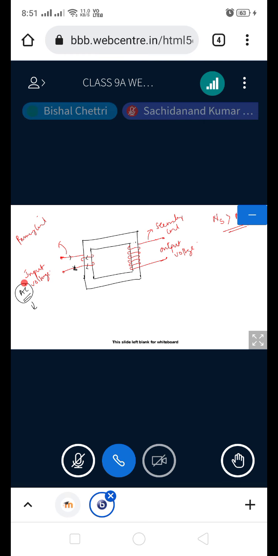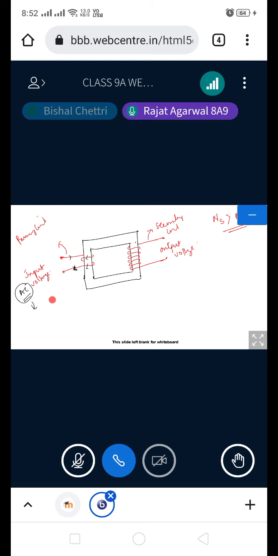Yes, sir. So alternating current is a varying current, or is it a current of constant magnitude? Variable current. Very good. That means when the current is flowing through this primary coil, it is changing continuously or not?